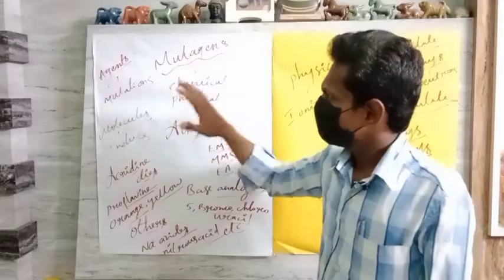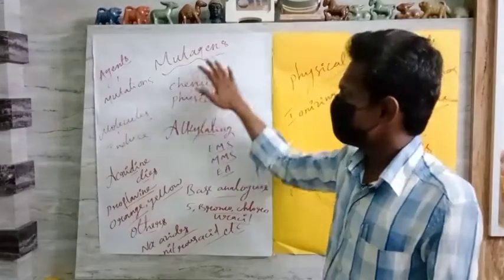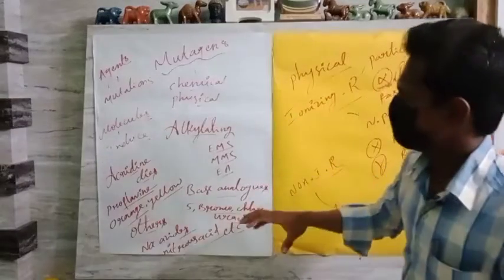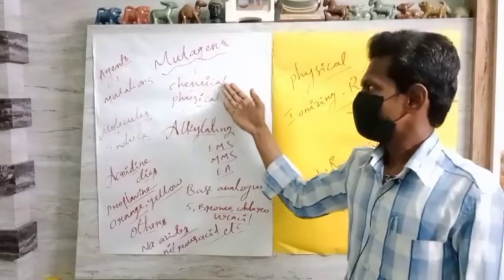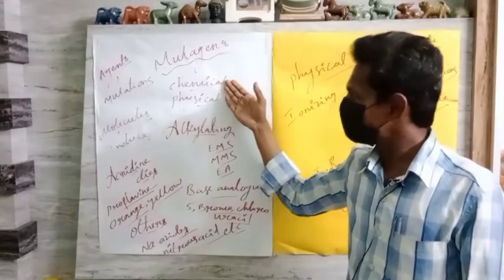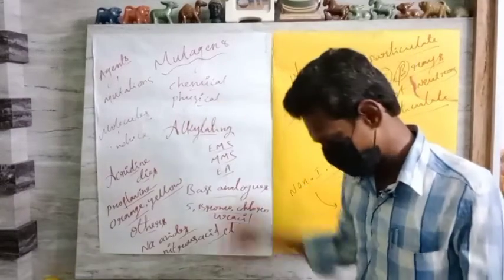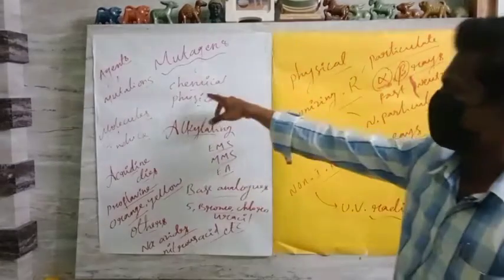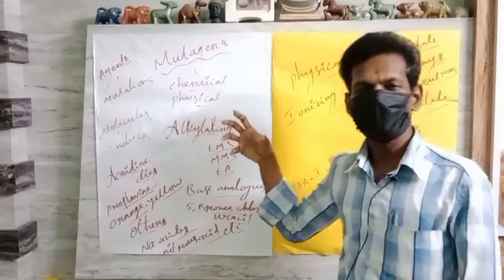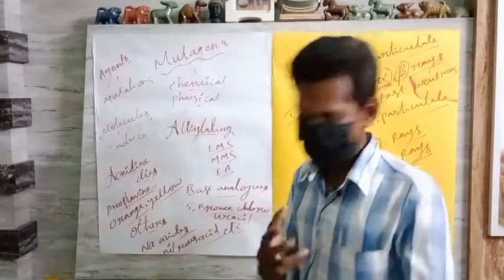So these agents, the mutagens, are basically 2 types: chemical agents or chemical mutagens, and physical agents or physical mutagens. First we shall go through chemical agents or chemical mutagens.